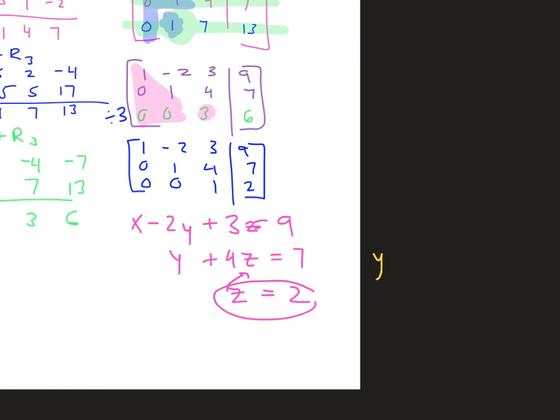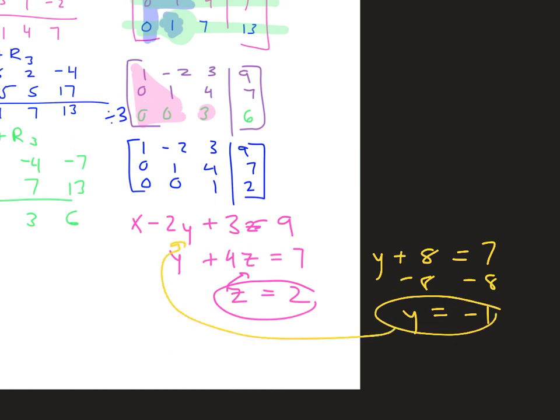So now we would have y plus 4 times 2, which is 8, is equal to 7. Subtract 8 on both sides. Y is equal to negative 1. Plug our y and z into the first equation.